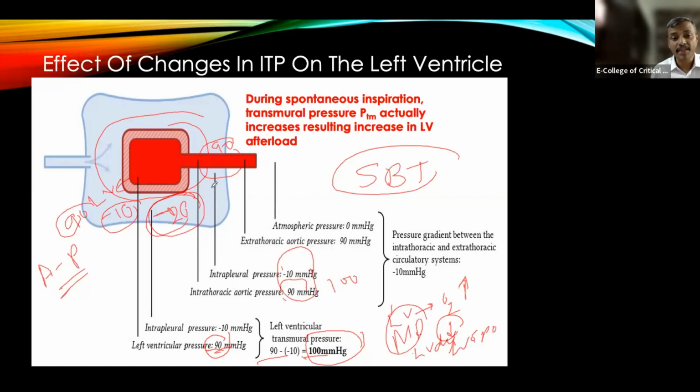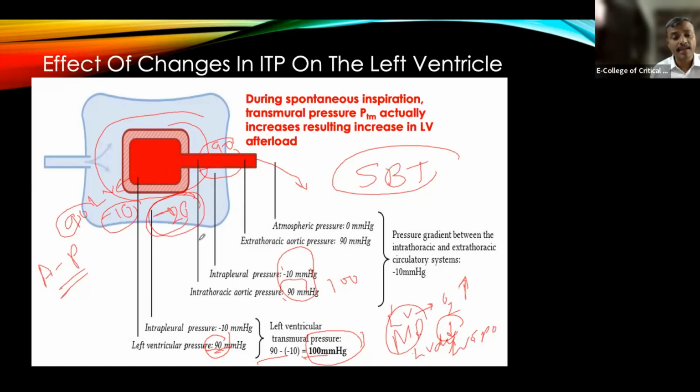So the transmural pressure is again increasing. It means the aorta wants to contract to send the blood from the aorta to the abdominal aorta, but that is not happening because the more negative pressure is not allowing it to contract. So you are getting this point. Both the left ventricle and aorta are struggling to contract, to pump the blood.